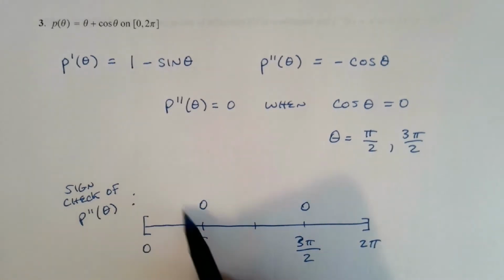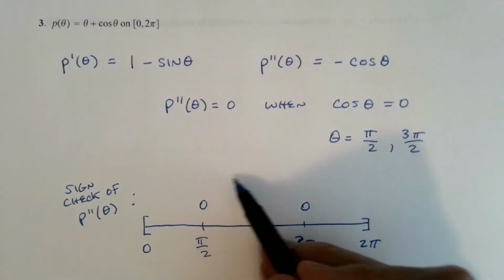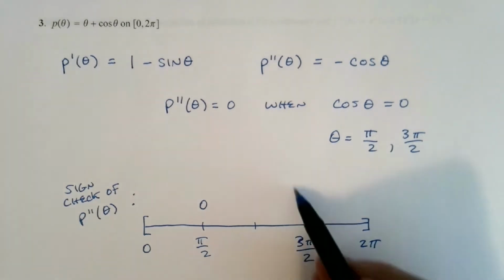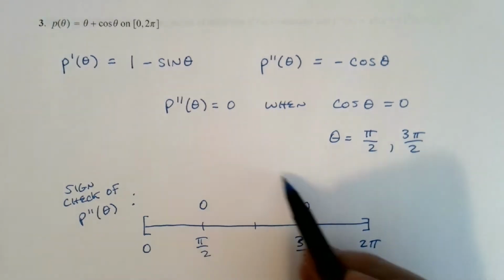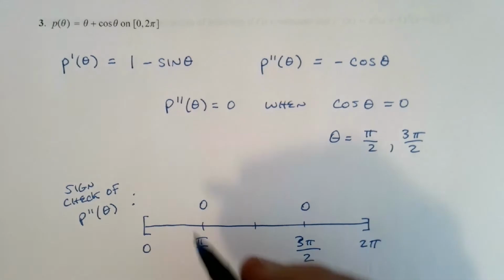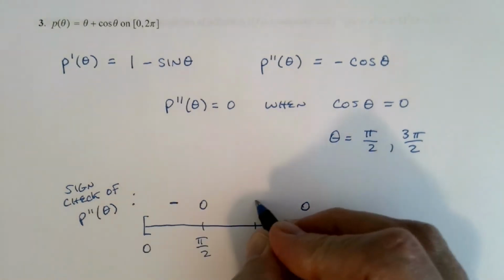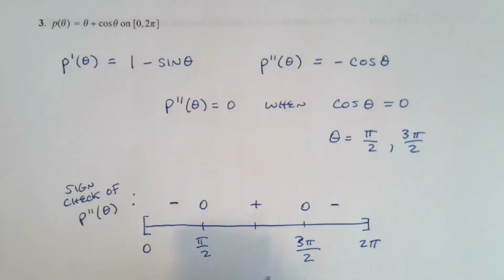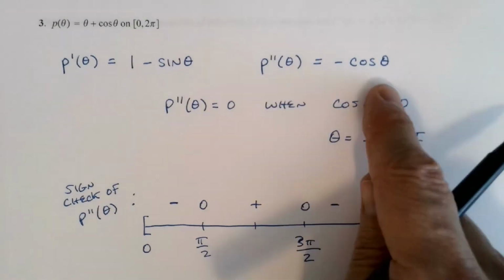So that's the graph. So the negative cosine theta would just be a reflection in the x-axis. So notice the sign is going to be negative, positive, negative. And again, you can just check representative numbers in each of these intervals and find the sign of the second derivative.